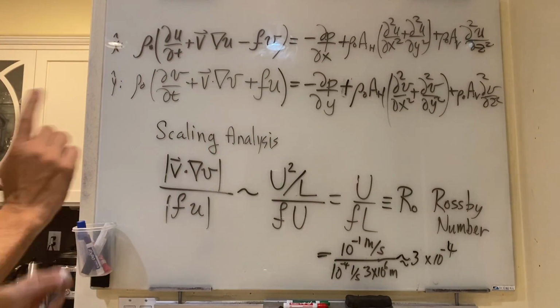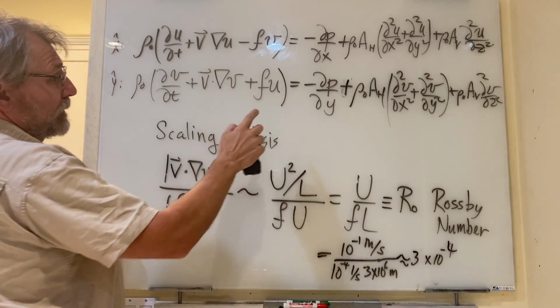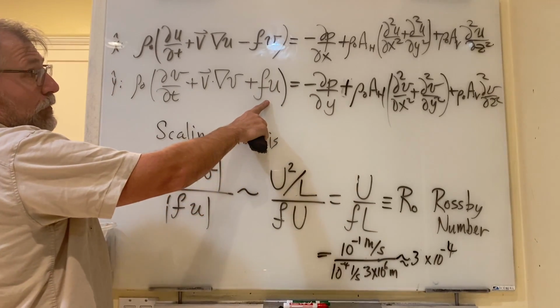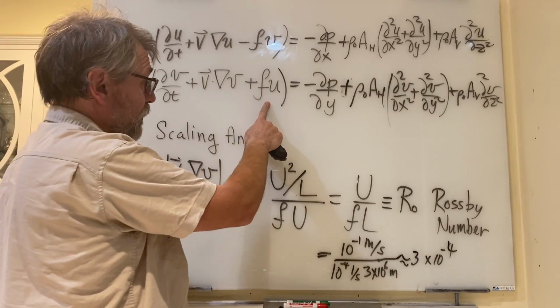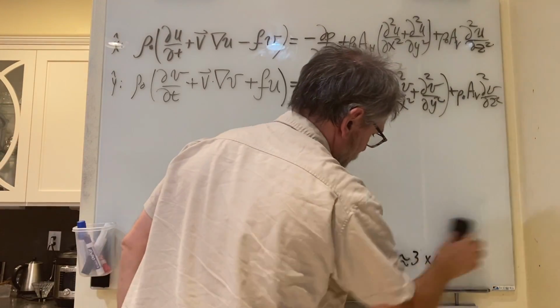And now the first balance we want to talk about is one called the geostrophic balance. That one says that the pressure force is balanced by the Coriolis force due to the geostrophic velocities. So if we do that, we have the following balance.